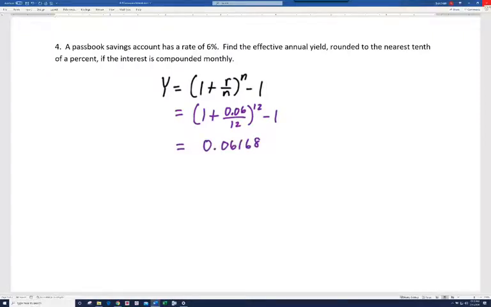And you should get 0.06168, which is about 6.168%. But again, we're going to stop at the nearest tenth of a percent, and so that would be 6.2%. And that's it for this video.